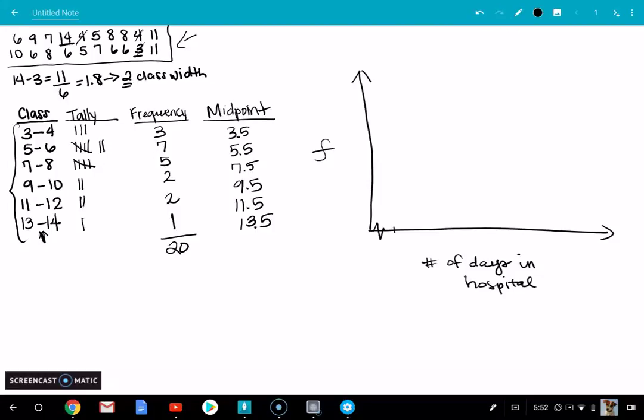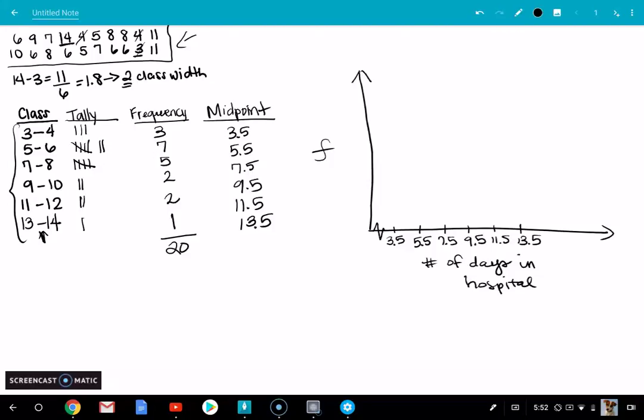And so we'll start at 3.5, go to 5.5, 7.5, 9.5, 11.5, 13.5. Then with the frequency, the highest frequency is 7 and the lowest is 1.